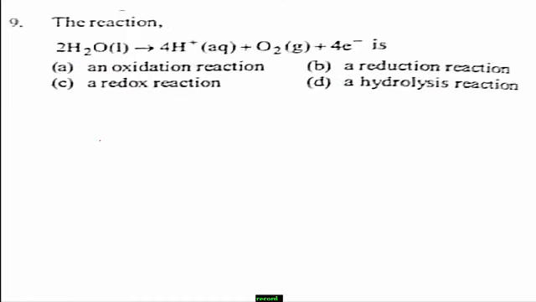Next, question number 9. The reaction 2H2O in liquid form gives 4H+ plus O2 plus 4 electrons. Is it option A an oxidation reaction, option B a reduction reaction, option C a redox reaction, option D a hydrolysis reaction? Which one is the right answer?